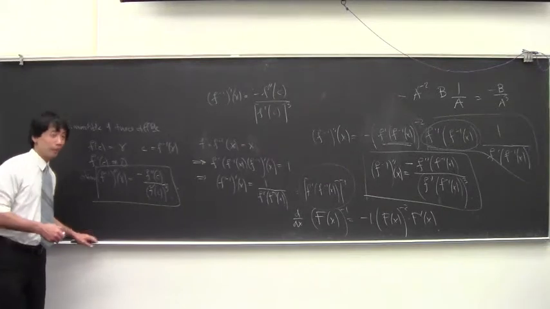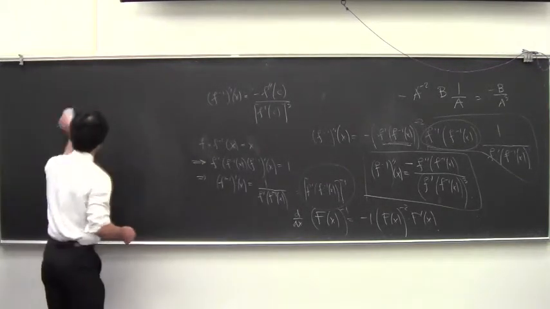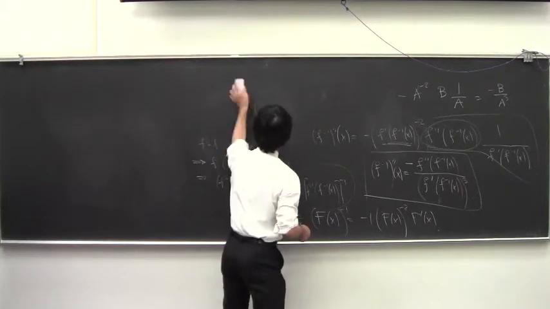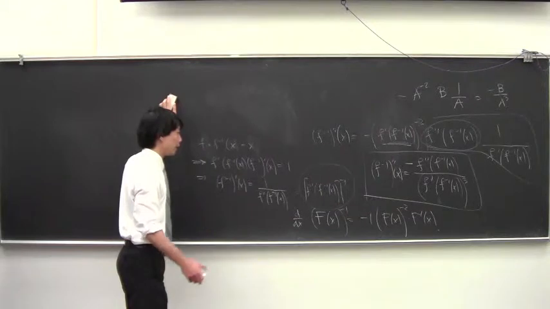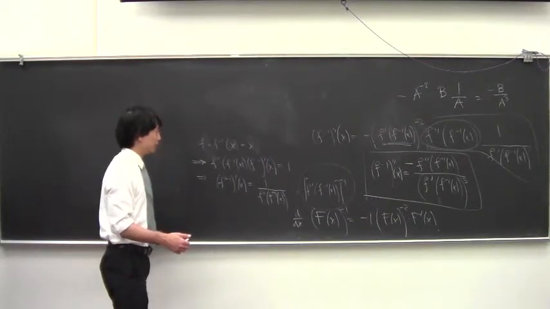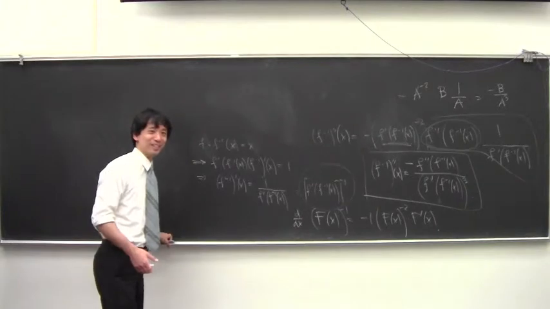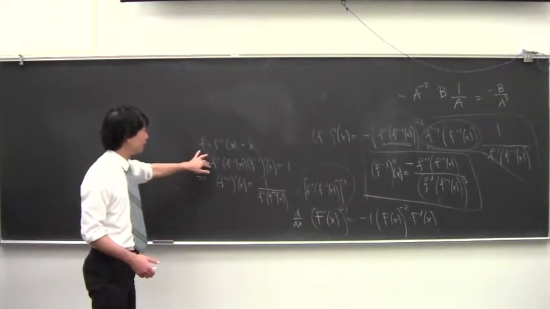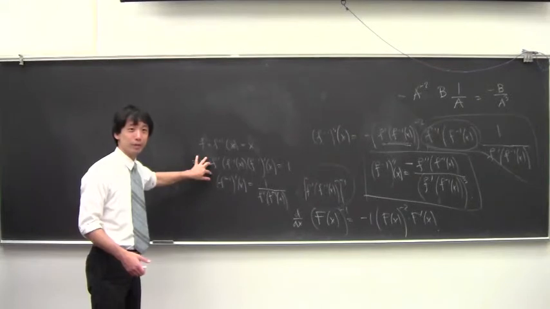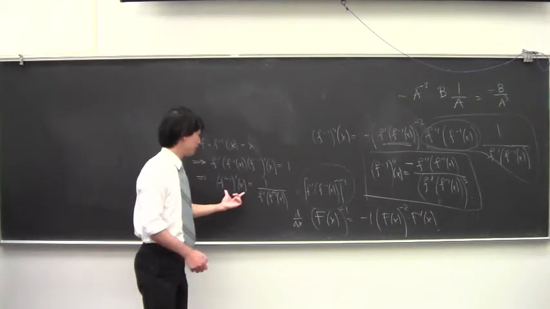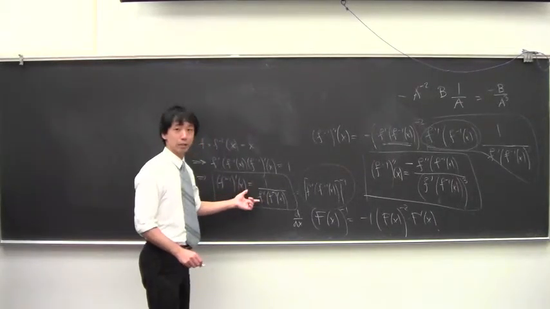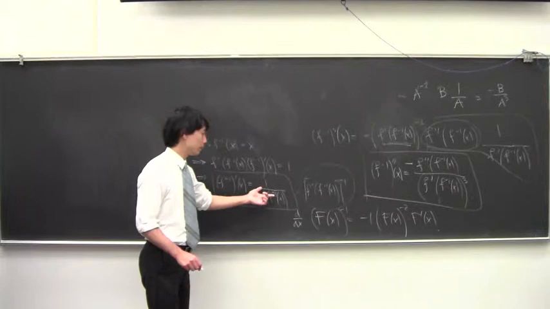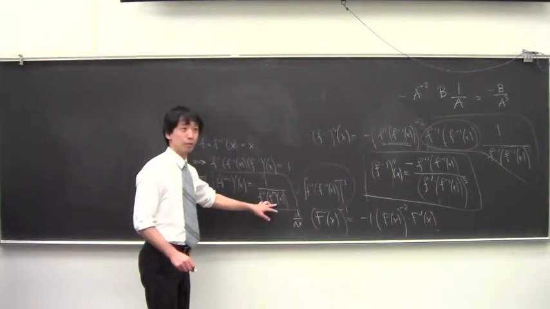The main thing that this problem teaches you is to persist. All of these things are known to you. The derivative of the inverse is this, and so you take the second derivative. How do you take the second derivative? You use either the quotient rule or the power rule plus the chain rule, and that's all.